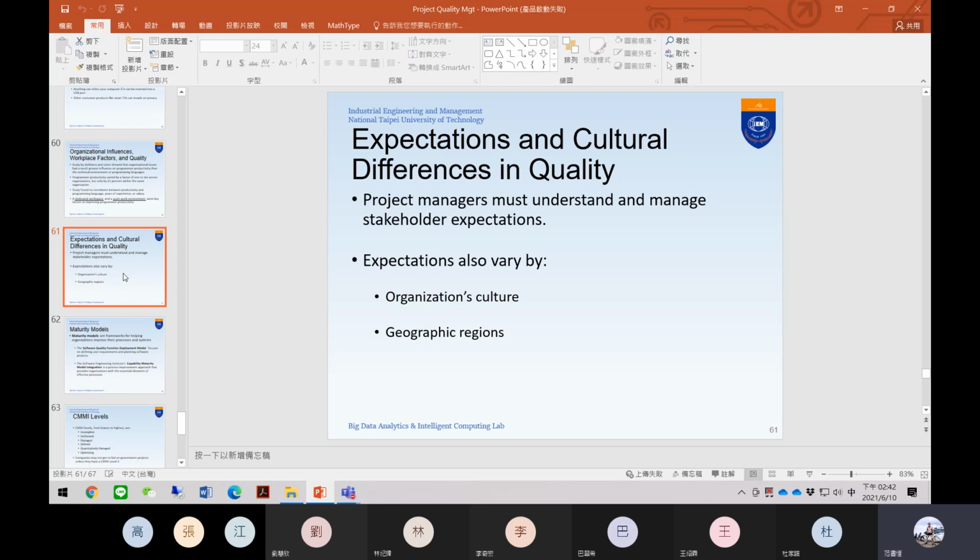Project managers must manage stakeholder expectations by organization culture and geographic region. In America, in Japan, in Taiwan, they are going to face different cultural impacts or cultural differences.